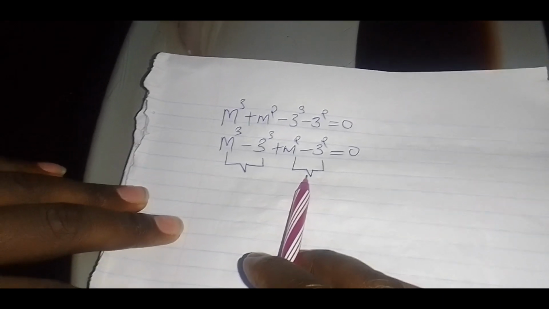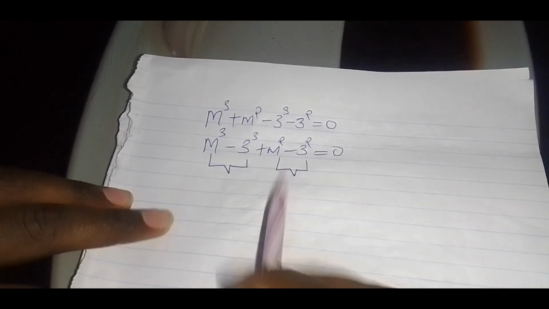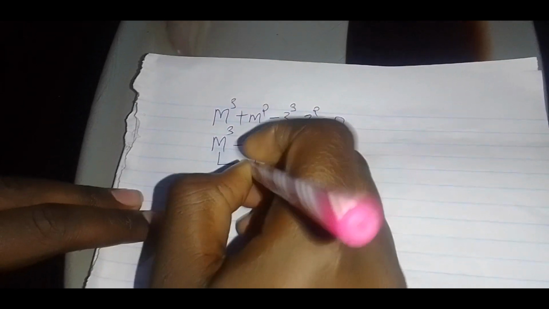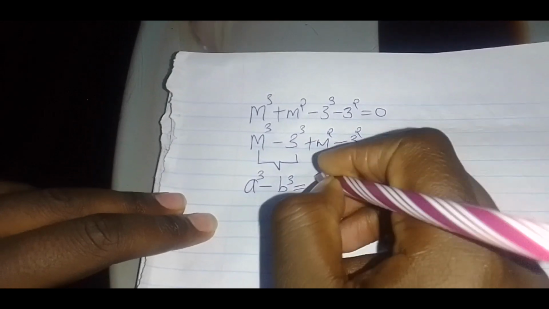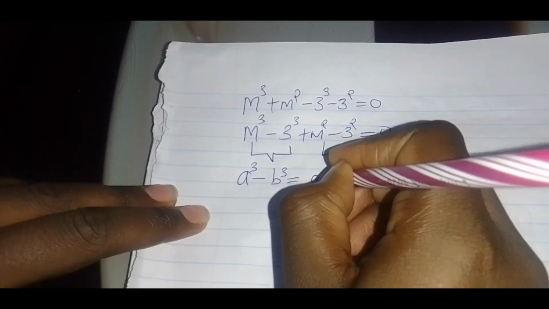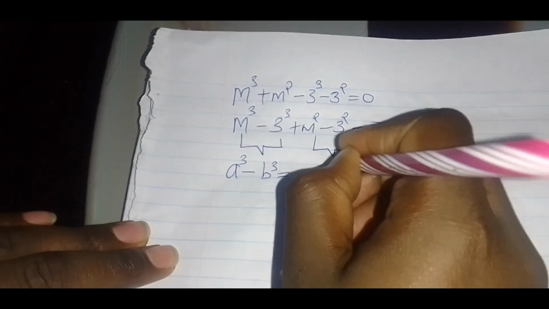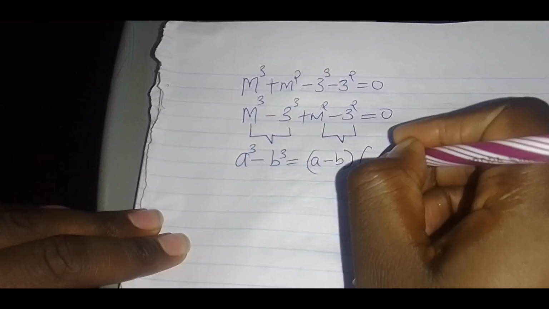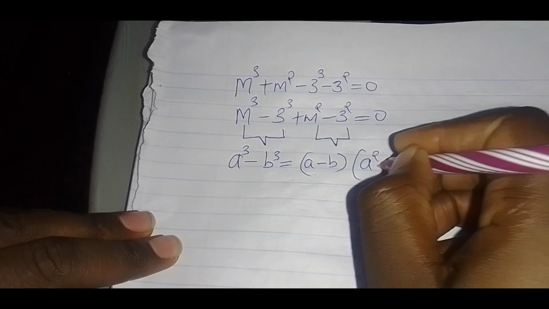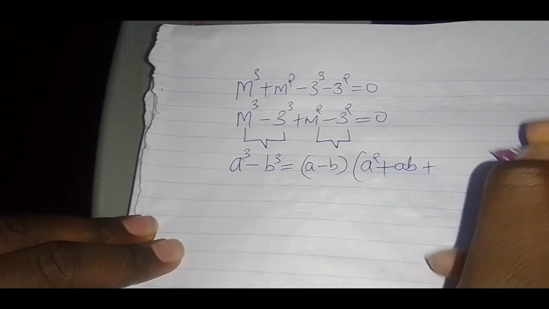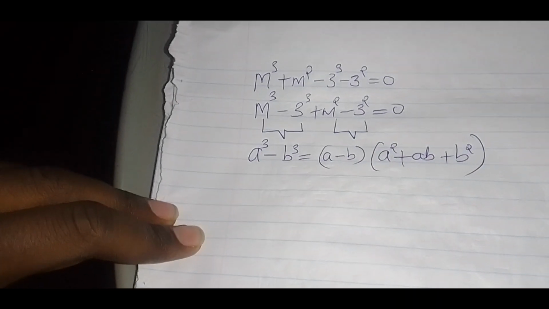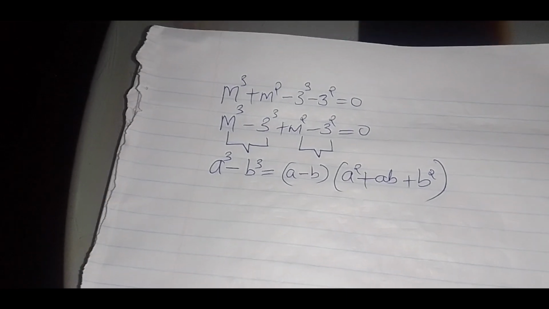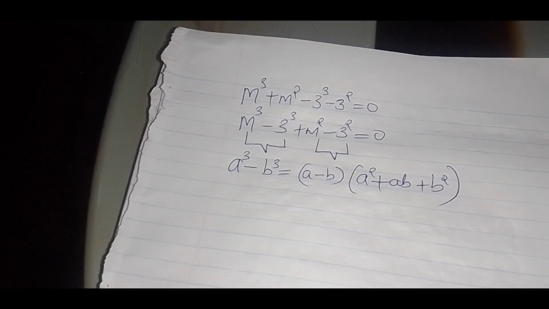And how do we solve for the difference of cubes? For instance, if you have a cubed minus b cubed, this can be expressed as a minus b multiplied by a squared plus ab plus b squared. This is the approach that we normally use for the difference of cubes.